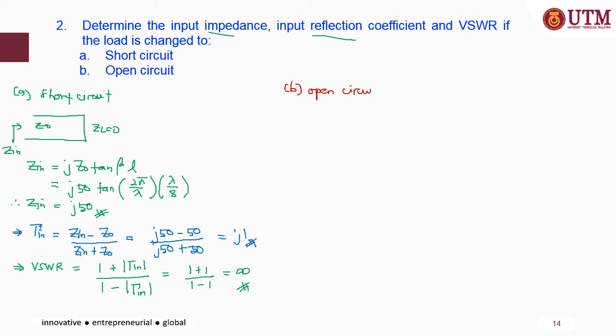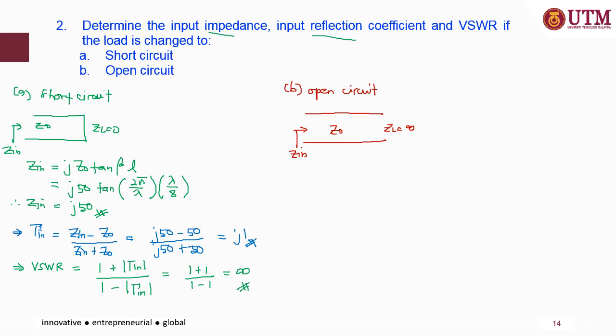Basically more or less the same steps, but you need to make sure that you use the open circuit equation for the input impedance. So open circuit, so in this case your ZL will be equal to infinity. So this is your Z0 and you have your Zin here.